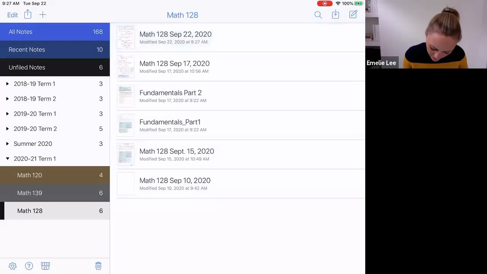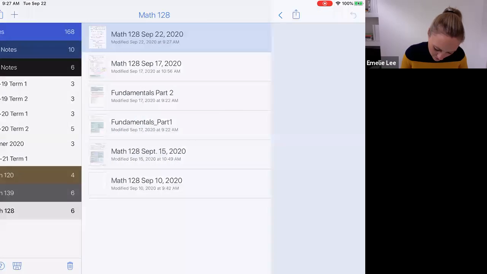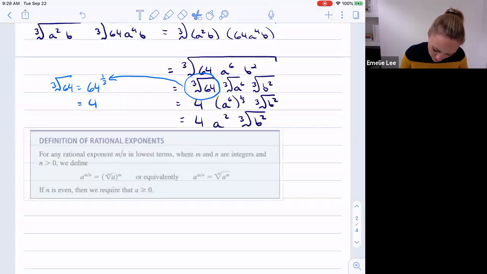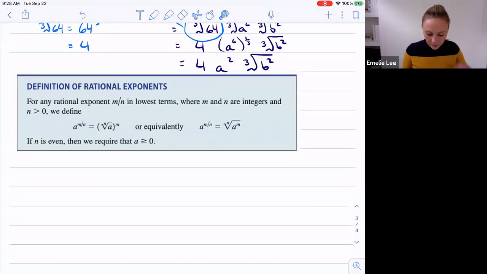So let's grab... we've already kind of seen this, but here it is explicitly. If we have an exponent of m over n, we saw that we can rewrite that as the nth root of a to the power of m.